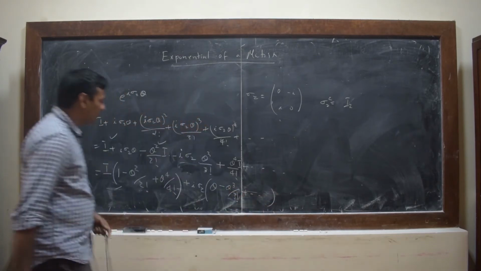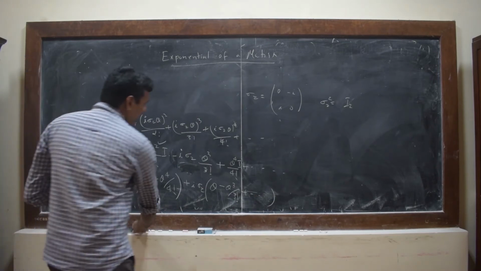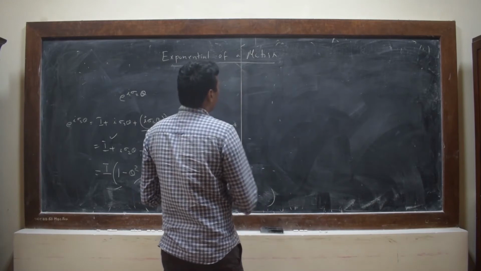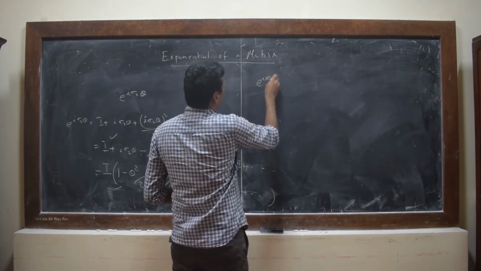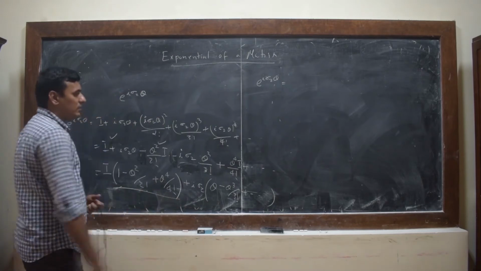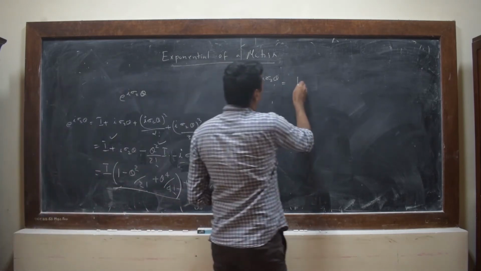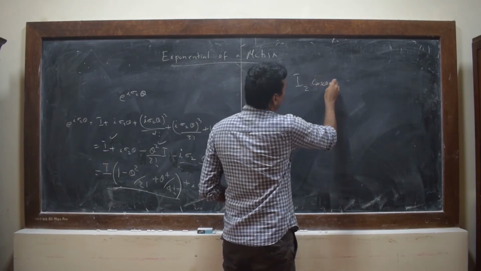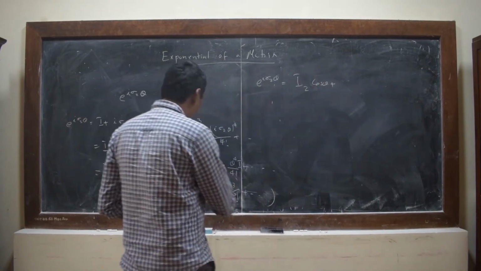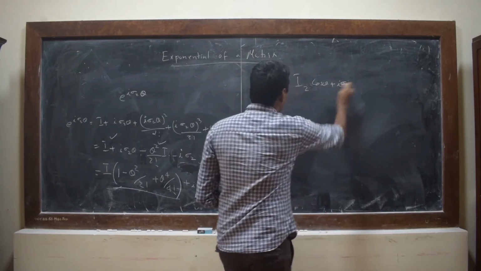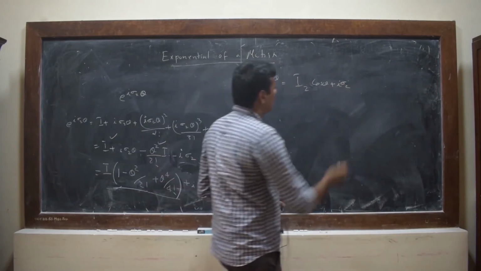Okay. So, e raised to i sigma 2 theta is going to be equal to, what is this thing? This is cos theta. So, I2 cos theta plus i sigma 2, and this is going to be sin theta.